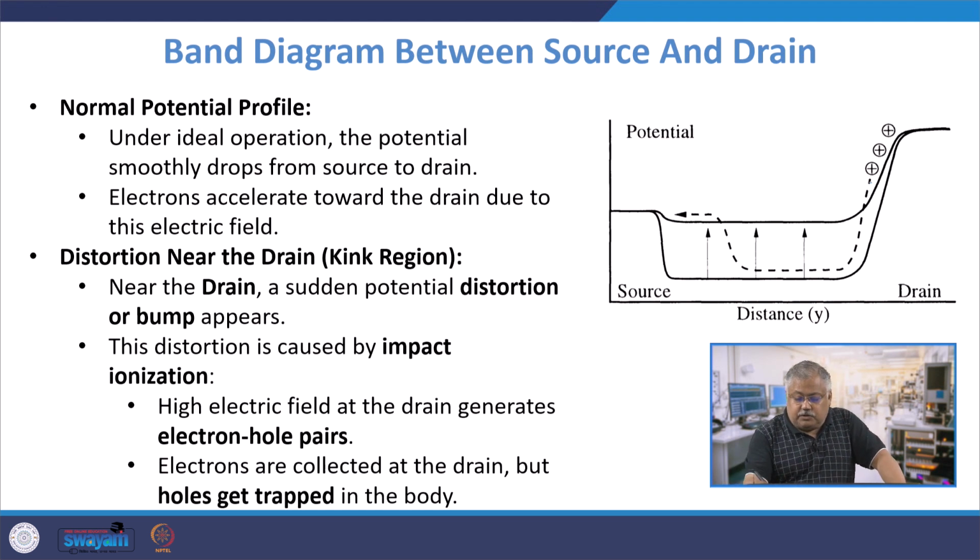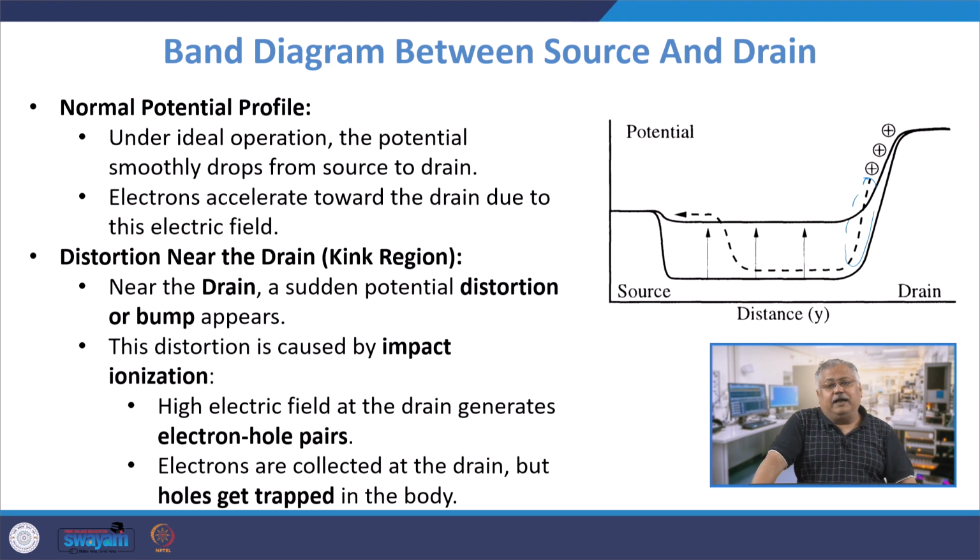You see this dotted curve, there is a sudden rise or a bump in the kink region, and that sudden distortion in the potential is caused primarily by impact ionization. And if you look very carefully, that does not happen near the source end to a larger extent. It primarily happens near the drain end because the electric fields are relatively larger.